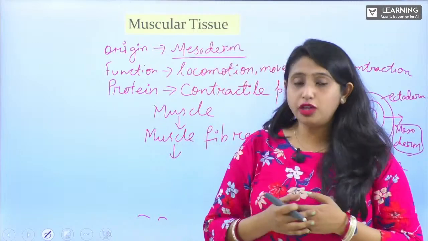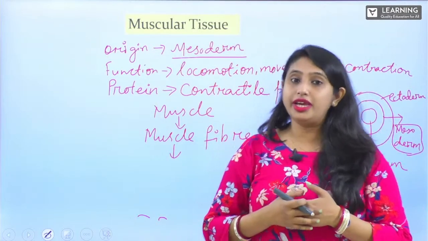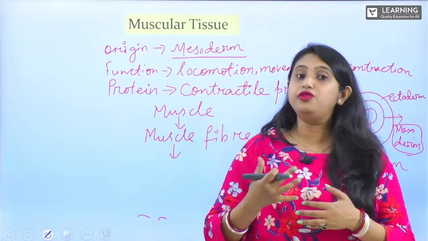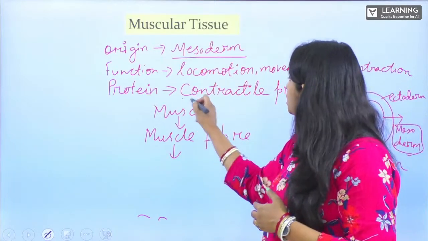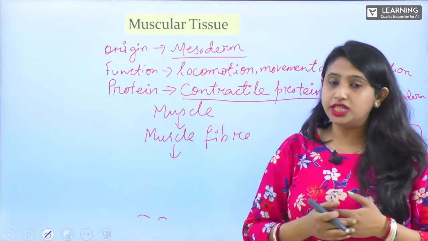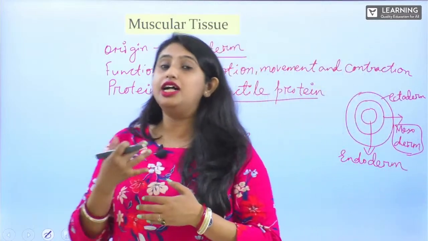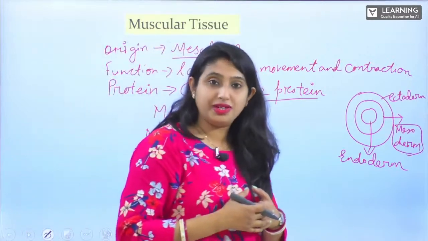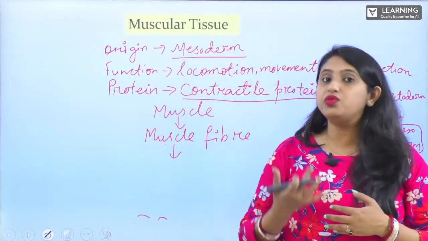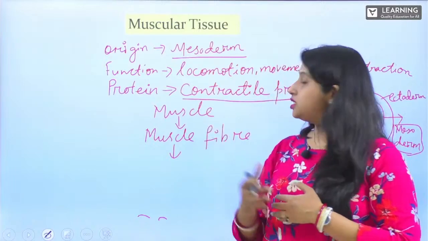If we look into the muscle, inside the muscle we will get the muscle fibers. These fibers provide protection. And what is the function of the contractile protein? This contractile protein helps in the contraction and relaxation of the muscles. The muscles contract and relax with the help of these contractile proteins.